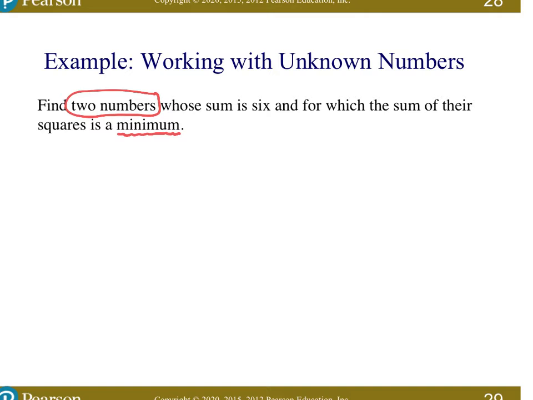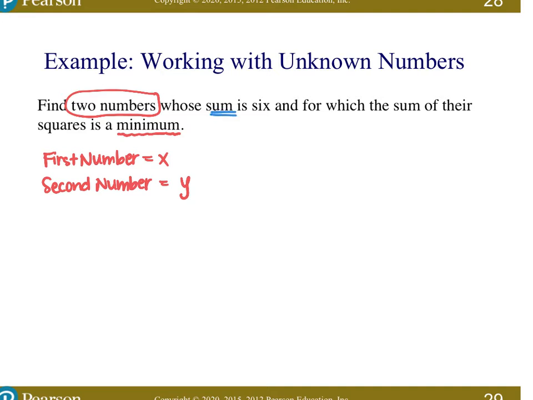So let's talk about the first number, which we'll call x. So that'll be number 1. And the second number, which we're going to call y, so that'll be number 2. And we know that the sum is 6.